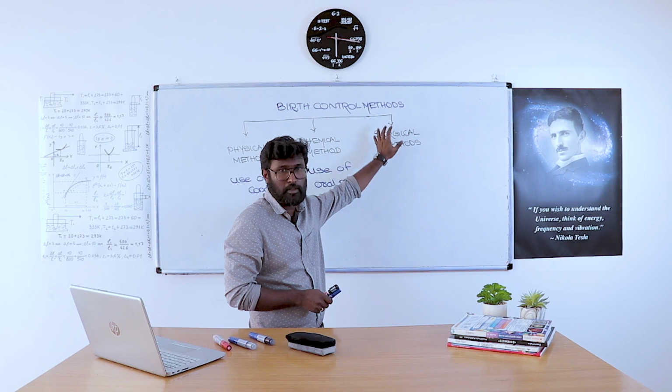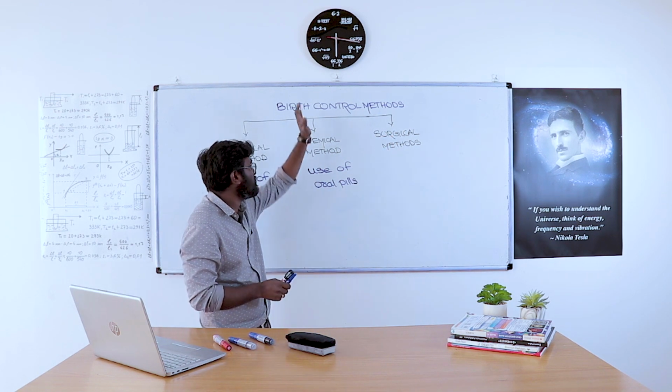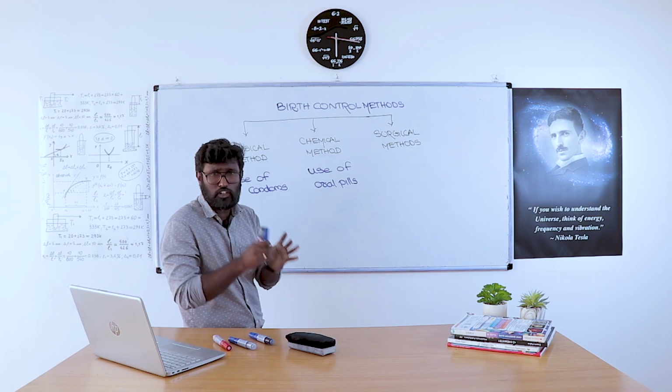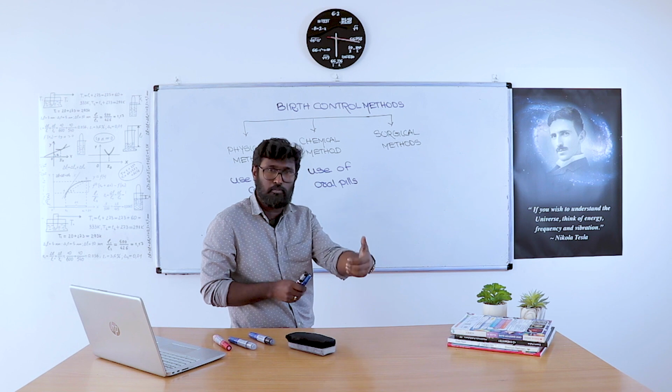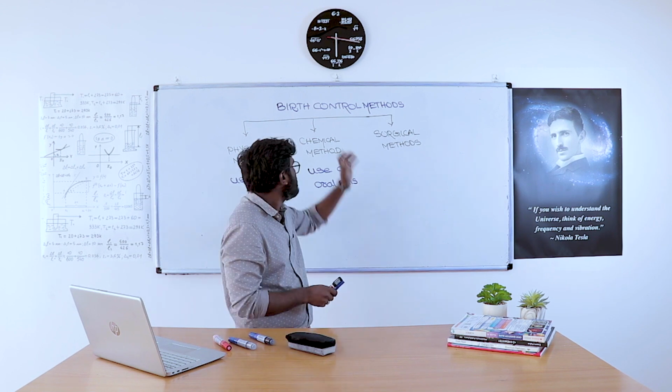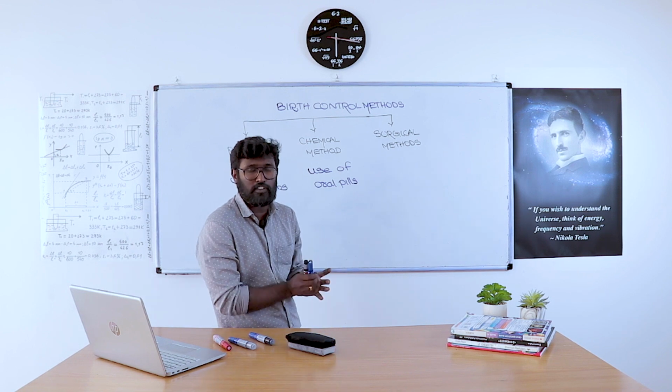That is the surgical method. So these are the methods to control fertilization, which we simply call birth control methods. In birth control methods, we resist the fertilization or the combination of egg and sperm, to prevent pregnancy.